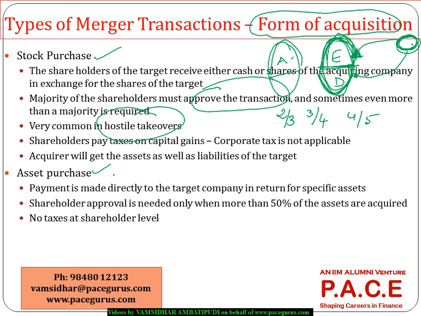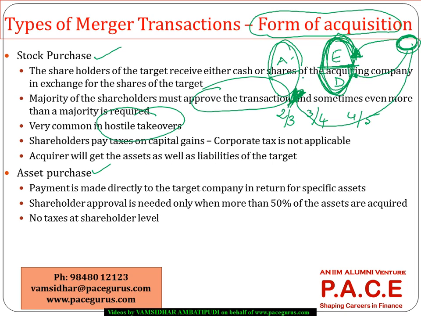But when we look at an asset purchase, the acquirer is actually purchasing the assets of the company, where the payment is happening directly to the company and not to the equity investors. So from that standpoint, the company is liable to pay corporate tax, but the shareholders have no responsibility with respect to the tax payments.